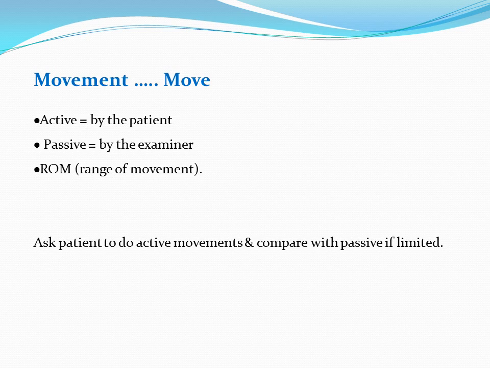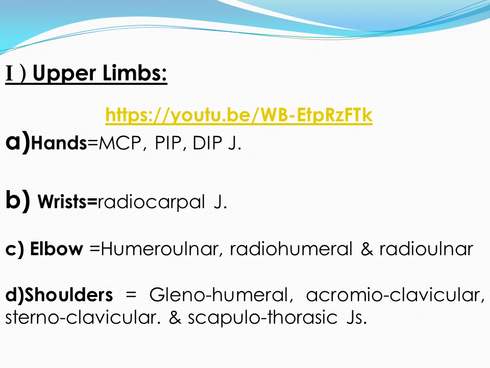Types of movement: active movement by the patient himself, passive movement by the examiner, or range of motion. In cases of limited motion, we should compare active movement and passive movement. For examination of the upper limb and lower limb joints, please carefully see the video in the following link.